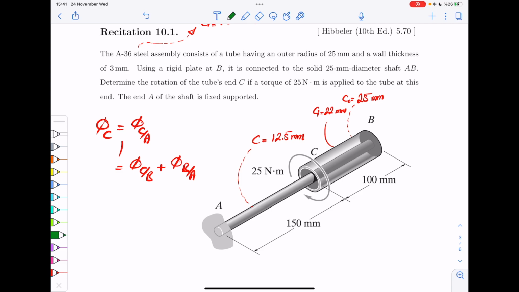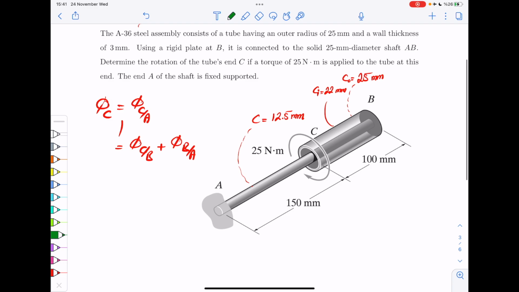I just remind you of this formula that we had. Usually, for a distributed load, if you want phi of point beta with respect to alpha, you would integrate from alpha to beta of internal torque divided by GJ, which could also be a function of x, by the way, dx.